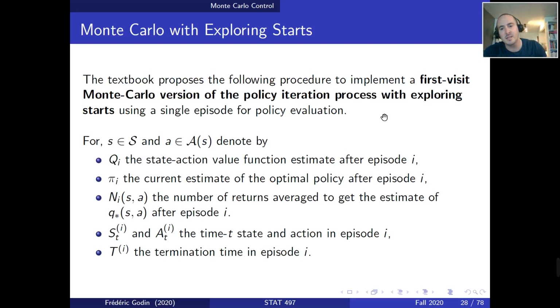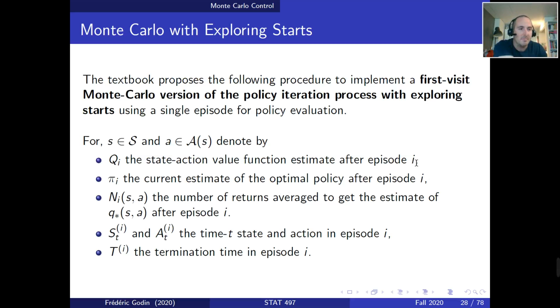The algorithm will be presented in the next slide, but for now, let's just introduce the notation. For any state S in the set of states and any action A in the set of all possible actions in state S, we define the following. Q_i is the state action value function estimate after episode i. Pi_i is the current estimate of the optimal policy after episode i.